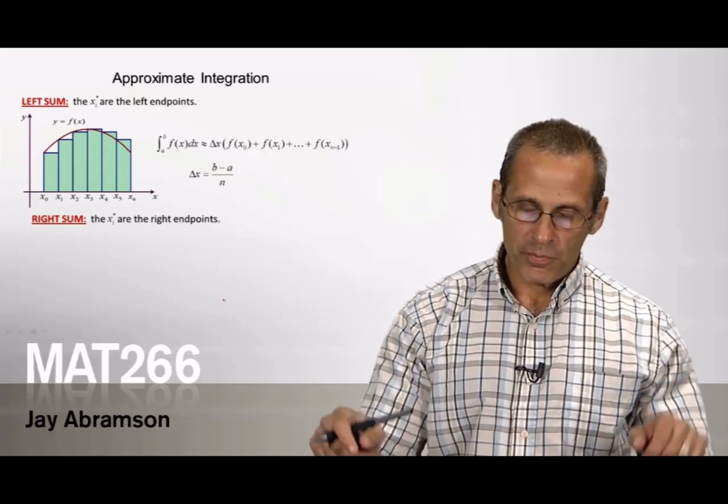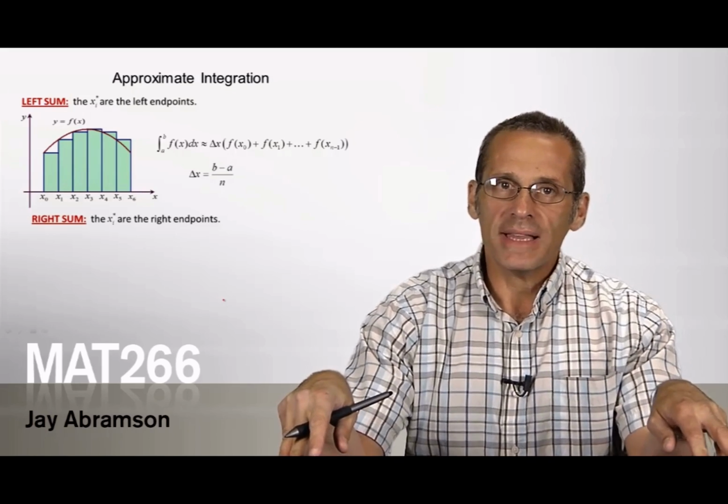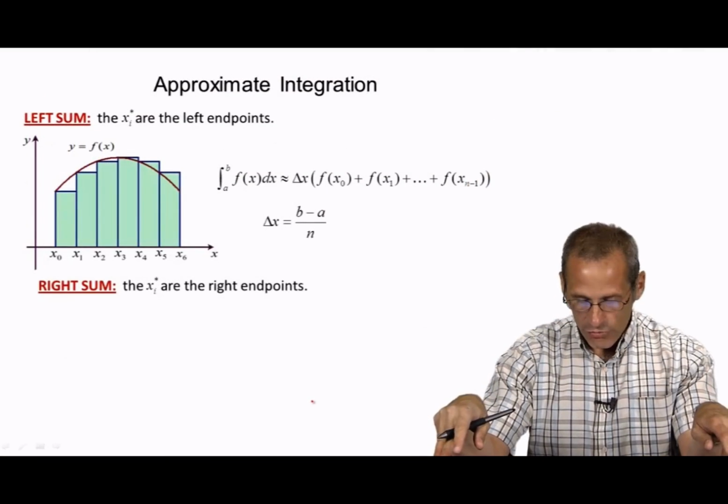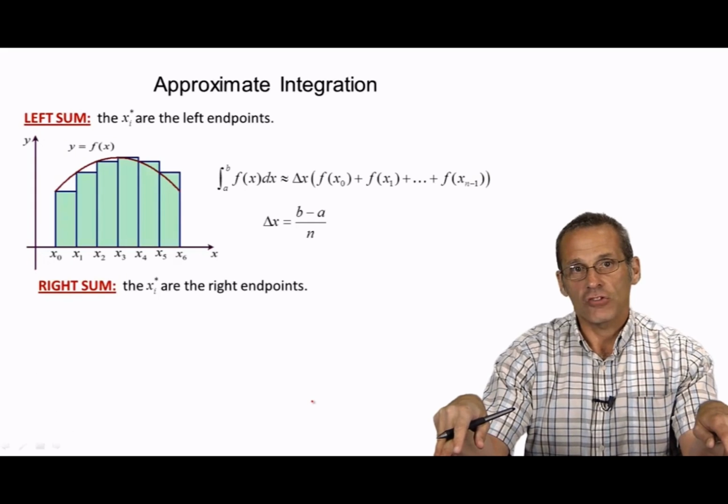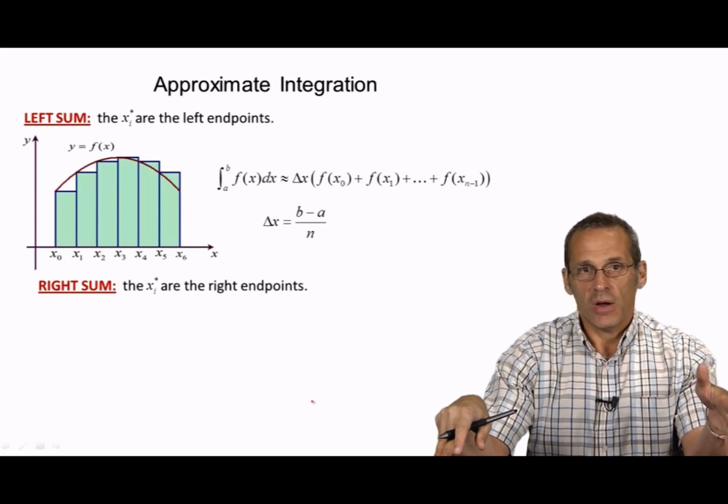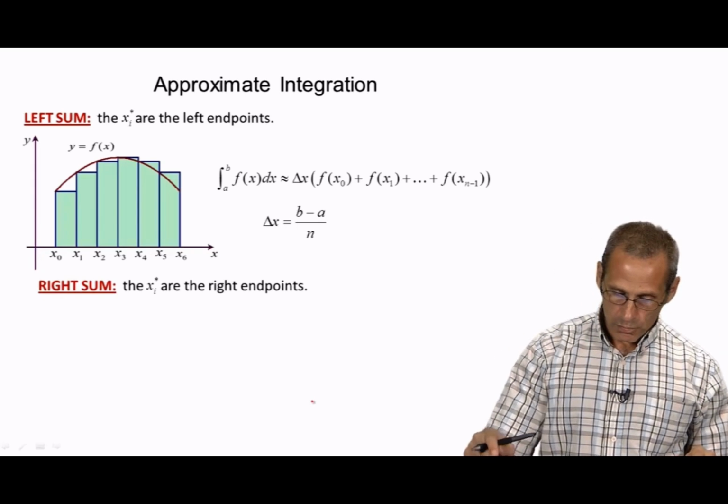The right sum is calculated by allowing x star sub i to be the right endpoint. And so the right side of the rectangle will be the height. It will be the right side of each subinterval.